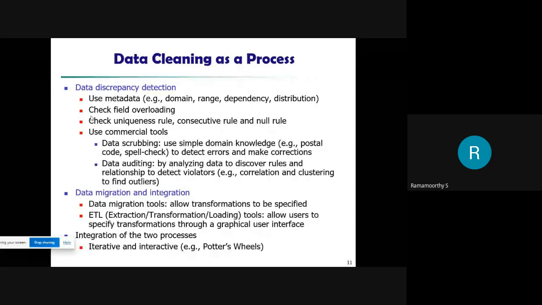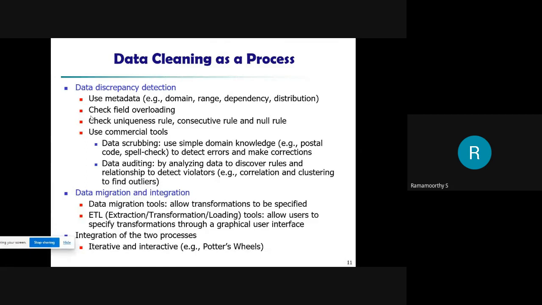Subject knowledge. Likewise, data scrubbing is a commercial tool used to check the errors in that data by identifying any spelling mistake or any wrong data entered under that domain, and it can do some correction. And one more type of commercial tool is data auditing.